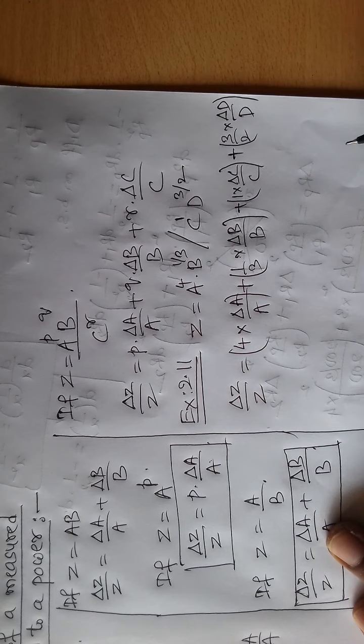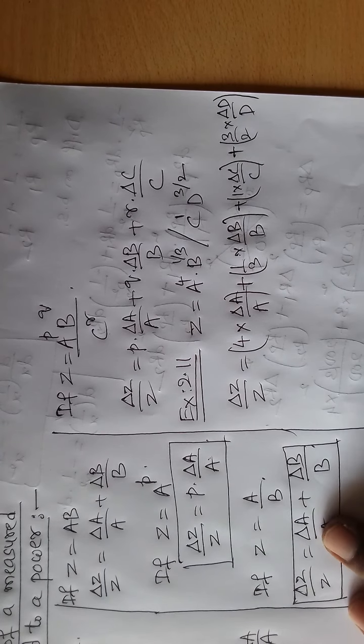So in this way, see, whether it is a product or quotient, the rule is common. Therefore you can write in this way.